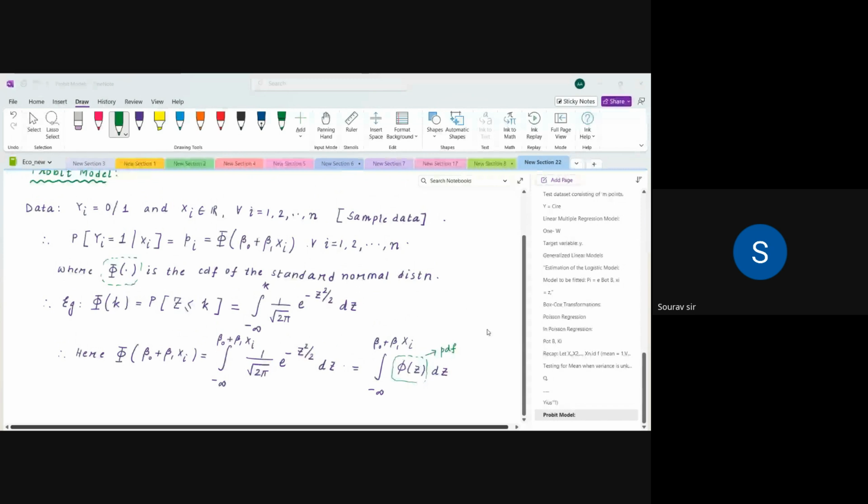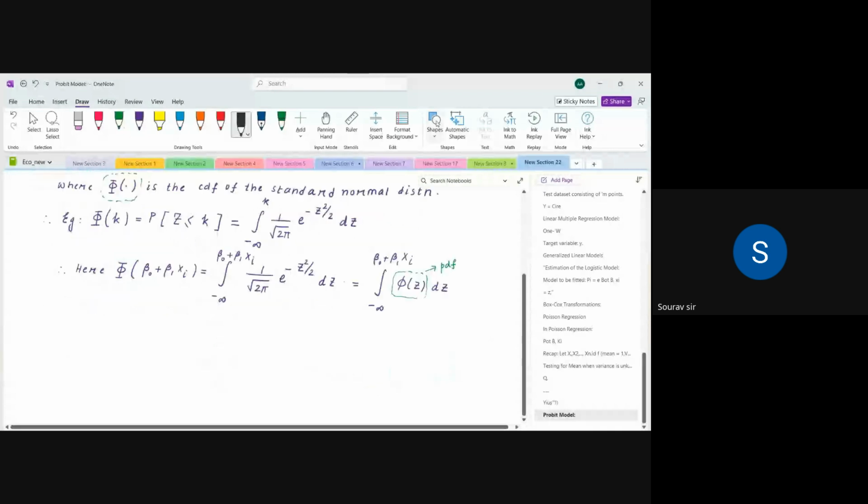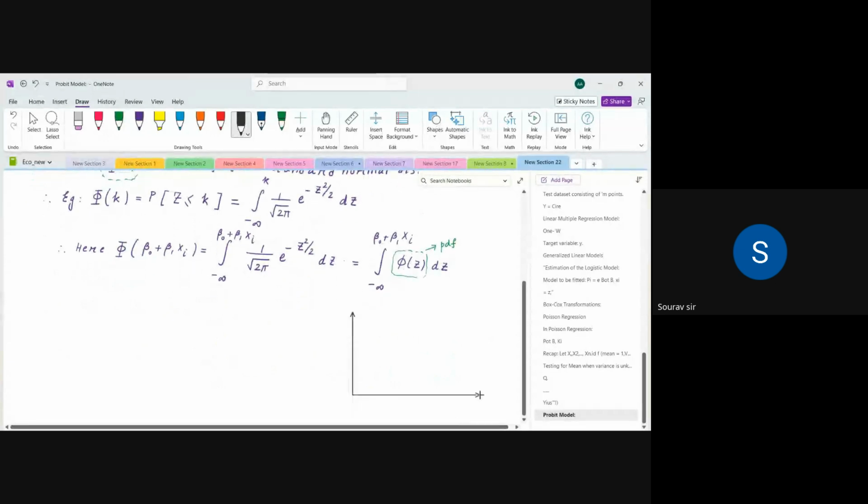So the curve that we are using to fit the data will once again be the sigmoid shape. If I'm trying to plot, on the horizontal axis we have our x values and on the vertical axis we have our yi values, right? Now yi's can take only two possible values. For some values of x, it will be 0. For some values of x, it will be 1.